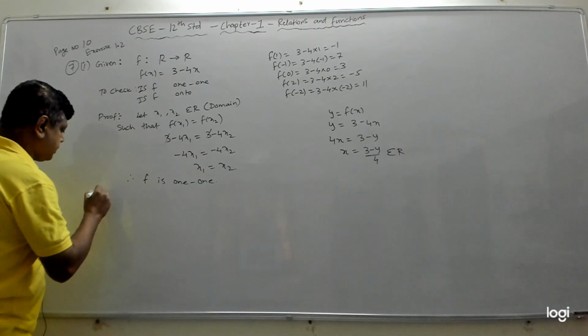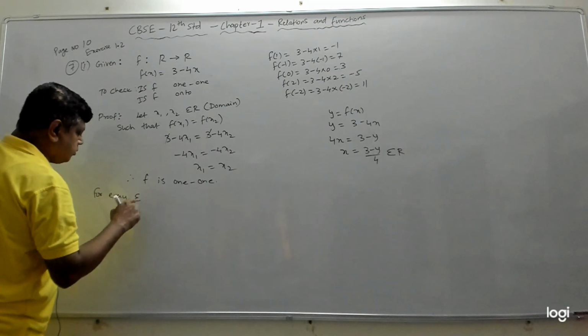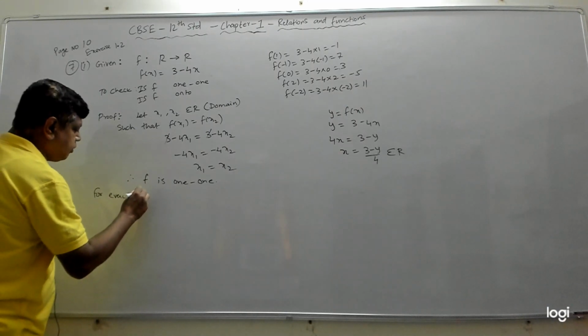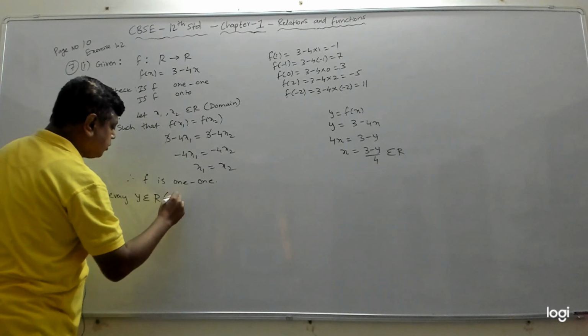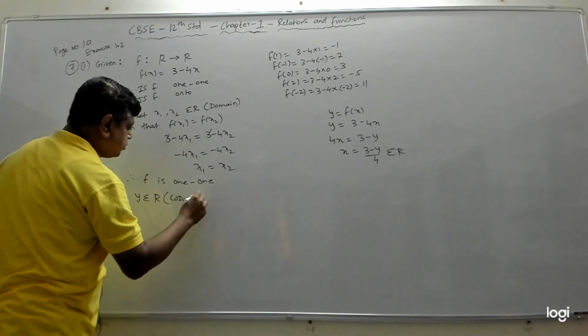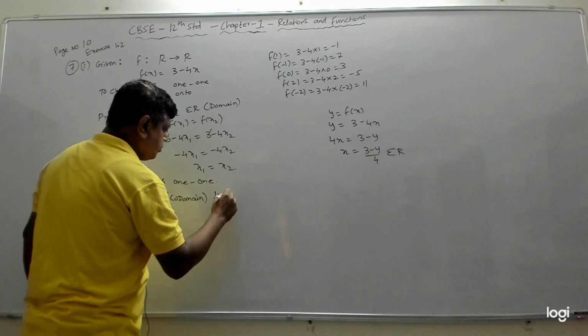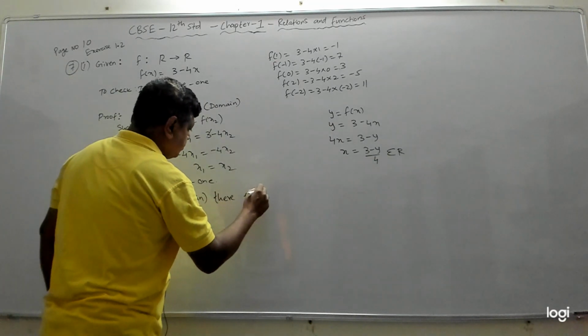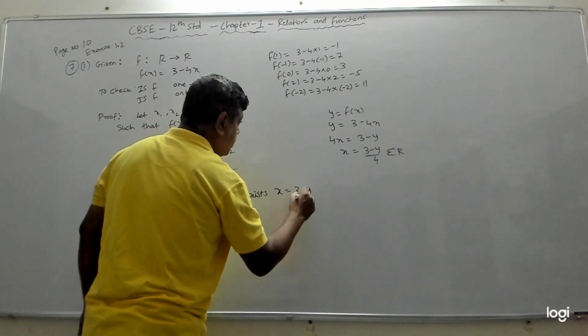Right? So we'll say for every y belonging to R, here this R is the codomain, there exists x equal to (3 minus y)/4.